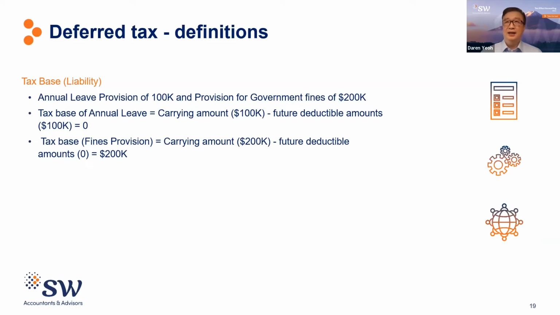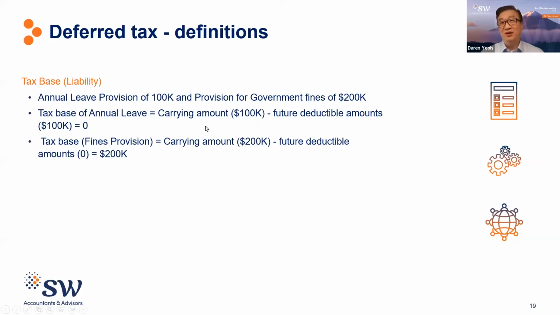So let's look at a simple example in relation to two liabilities. One is a provision for annual leave of 100,000, and the other is a provision for environmental fine of 200,000. So the annual leave provision, like I say, you start with the carrying amount, and then you subtract the future deduction that you're going to get when you pay out that liability.